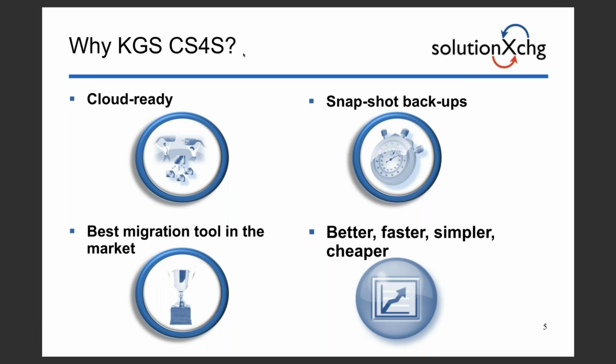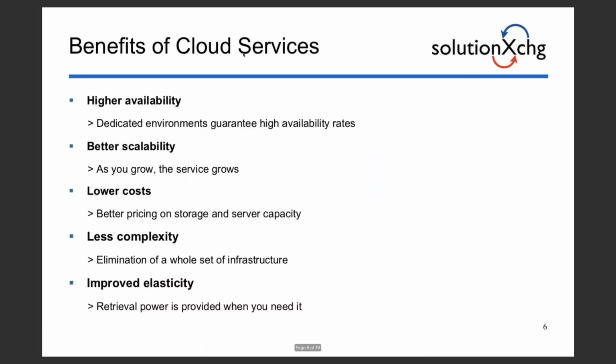It has one of the best migration tools in the market to move your data from your existing archiving solution into a new solution. It allows for easy snapshot backups of the actual server and its configuration, and compared to other industry products is better, faster, simpler, and significantly cheaper.